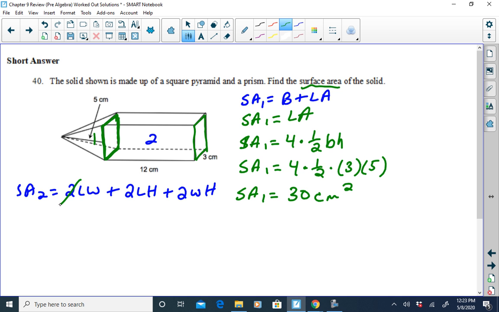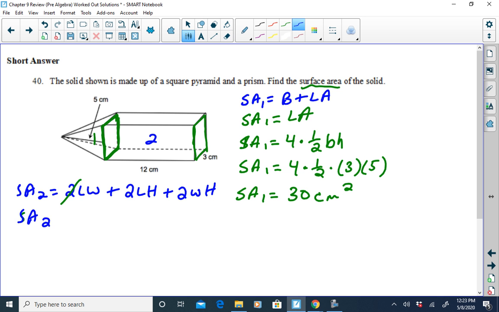We actually have to take one of them away. So instead of 2 of these green rectangles, we only have one of them in our surface area. All right. So surface area 2, do this in blue.